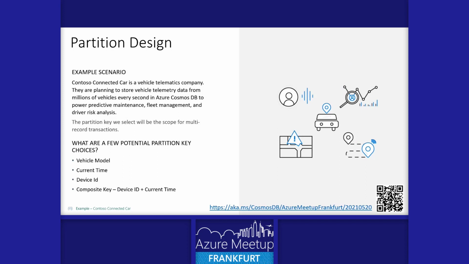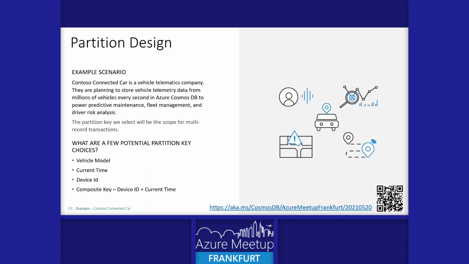Here's a brief example. I'll go briefly through it, but basically it's an IoT scenario where cars, as devices, are storing events and sending them. They're supposed to be stored in CosmosDB.